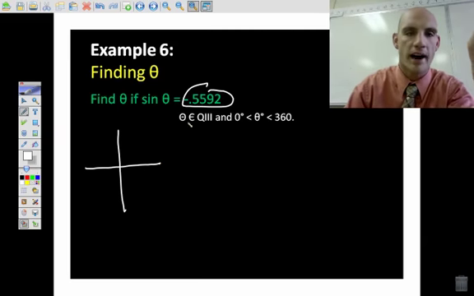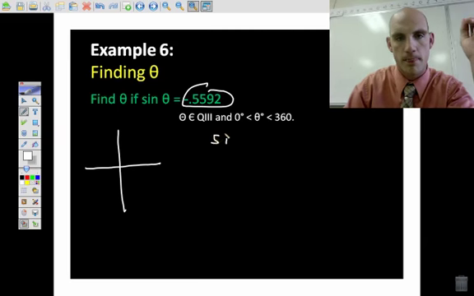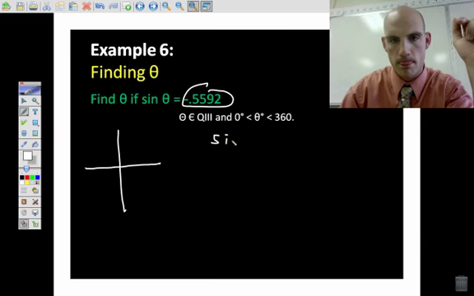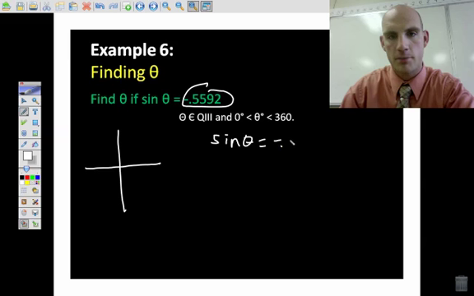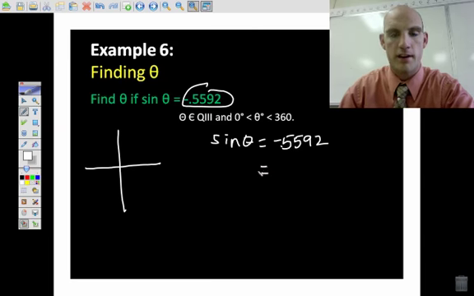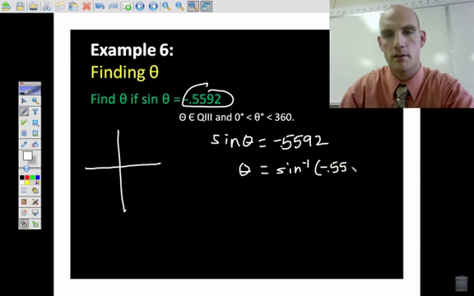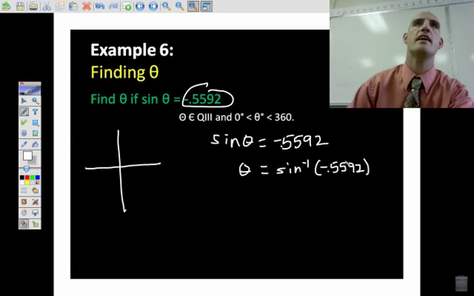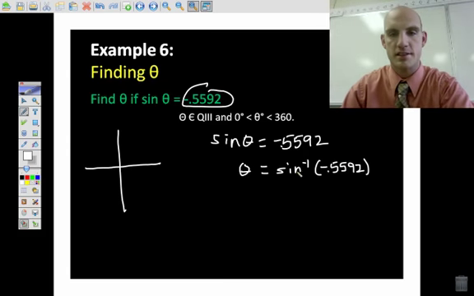If the sine of theta is equal to negative 0.5592, then we find theta by taking the inverse sine of negative 0.5592. This gives us an angle, but really it's going to be a theta hat.